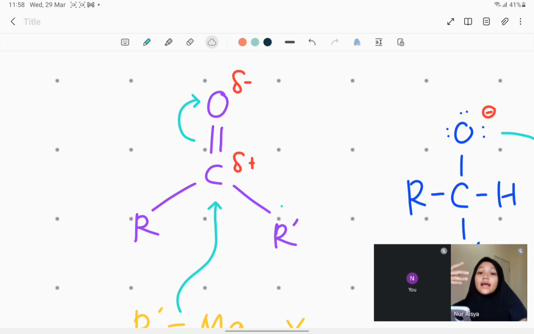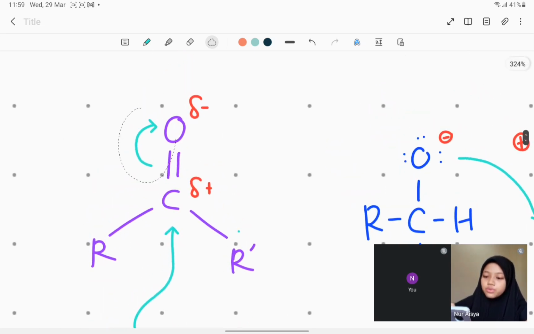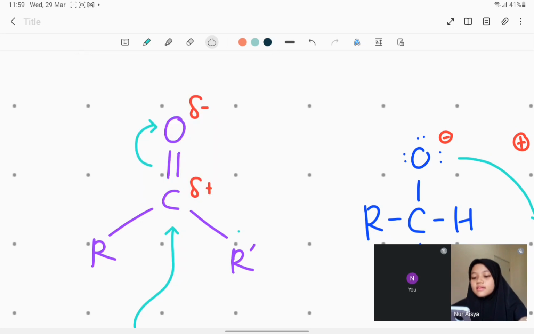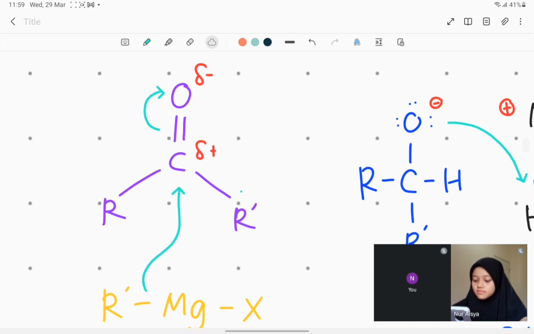Thus we get a nucleophilic attack, where the lone pair of electrons from the Grignard reagent will attack the carbon. In the process, it has to push the double bond between the carbon and the oxygen to become a lone pair around the oxygen, otherwise the carbon would violate the octet rule.